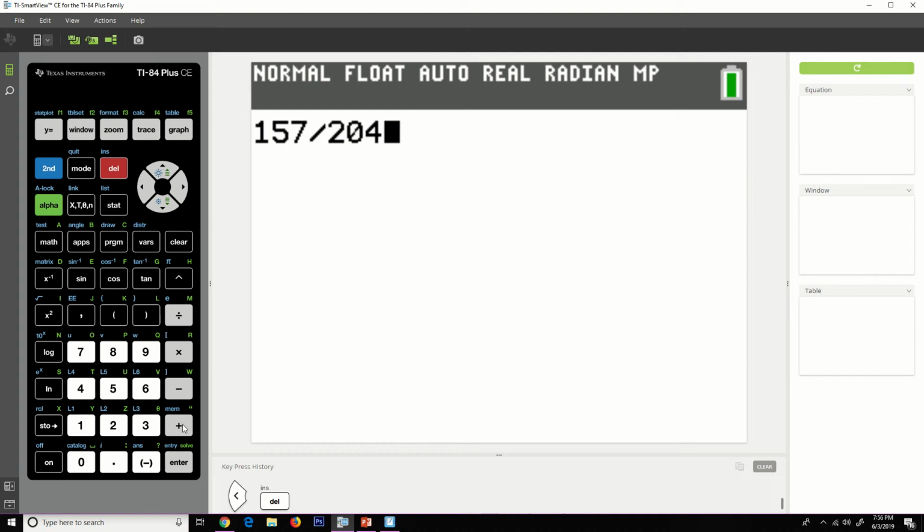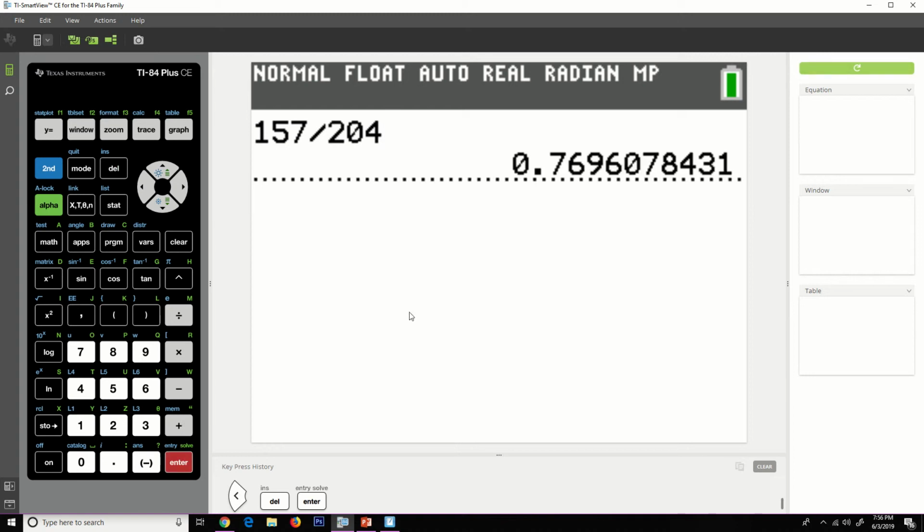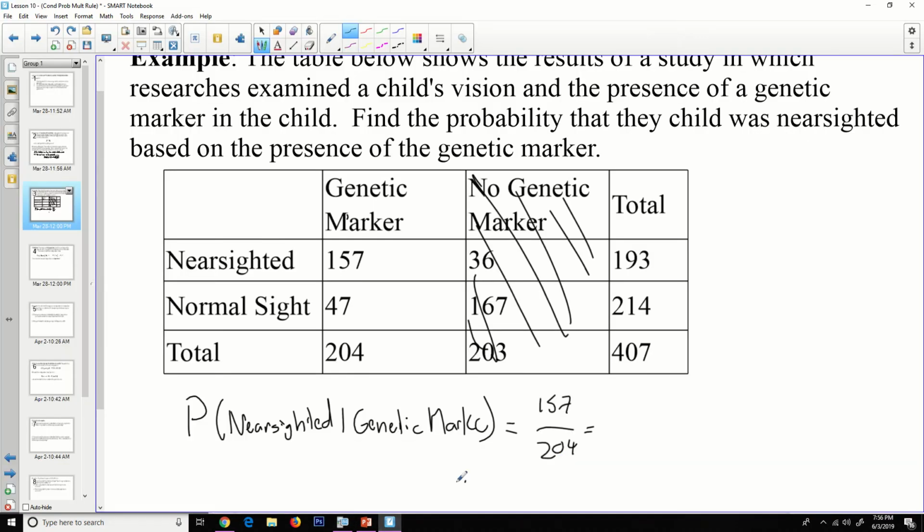Hit enter. So 0.770, because I'm going to go three decimal places and I'll round that one up. So 77%. That's possibly significant, I suppose. But that's how we're going to calculate that.